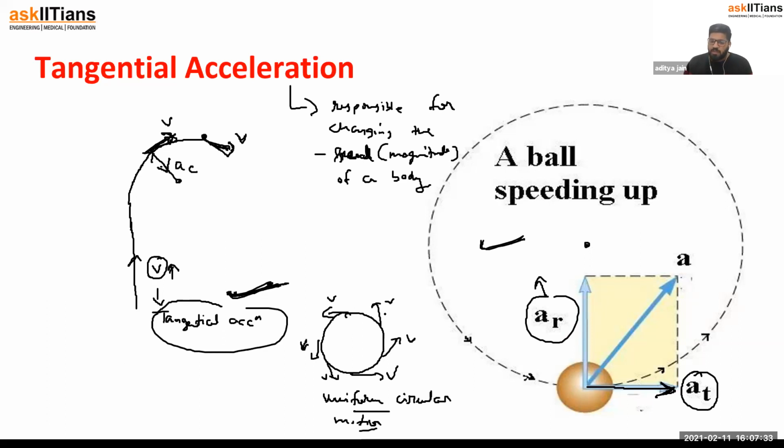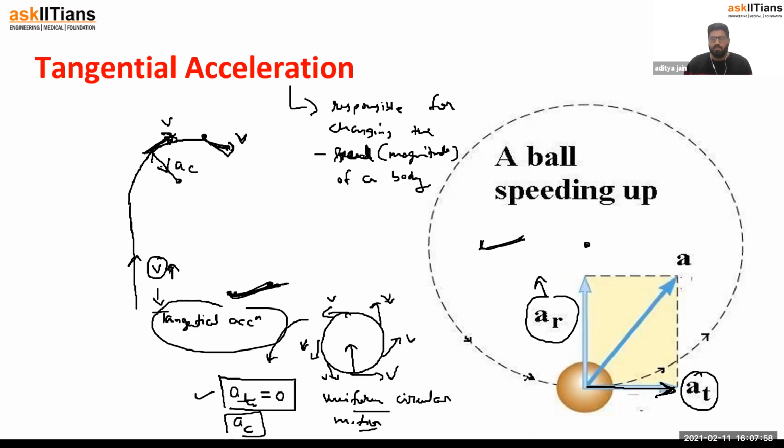Because the magnitude of speed is constant, the tangential acceleration is zero, because that is the acceleration which produces change in speed. If there is no change in speed, there will be no tangential acceleration. So in uniform circular motion, tangential acceleration is zero, and there will only be centripetal acceleration, which is towards the center and changing the direction of the body.